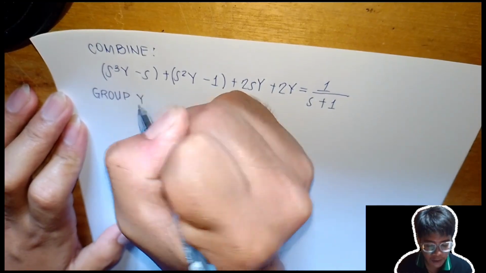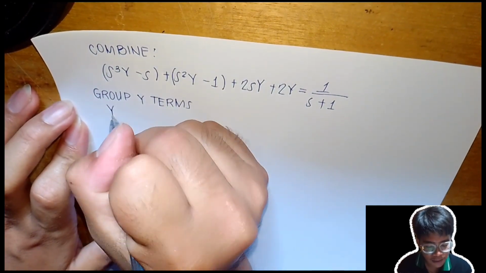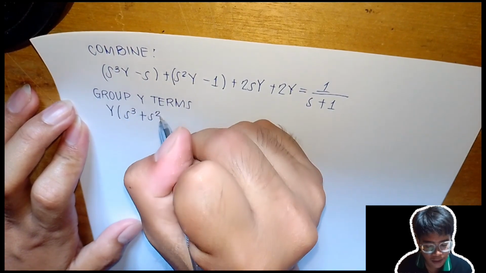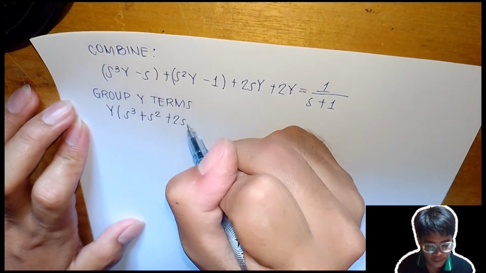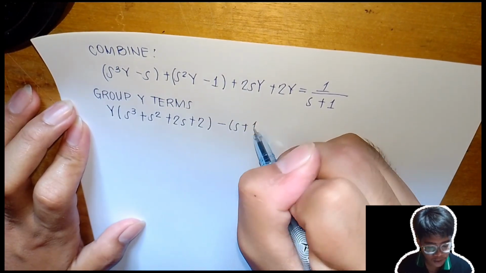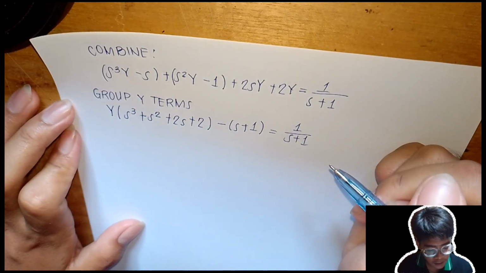Since they are all in terms of Y, we factor out Y. Y, parenthesis, s cubed plus s squared plus 2s plus 2, minus s plus 1 is equal to 1 over s plus 1.